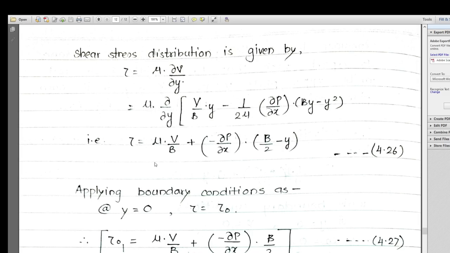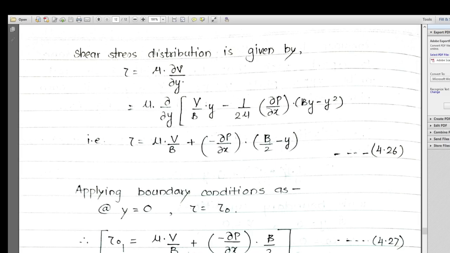By differentiating these terms, we will get mu into, now V by b is constant, so differentiation of y by y is 1, so mu into V by b plus, here, minus dp by dx into, now differentiation of y is 1, so b by 2, minus differentiation of y square is 2 into y.